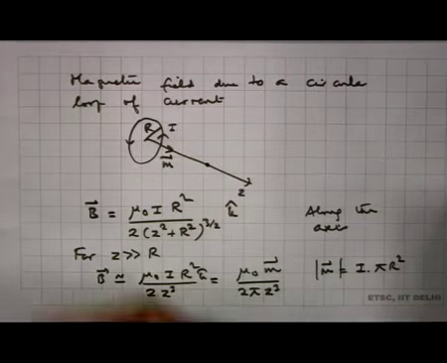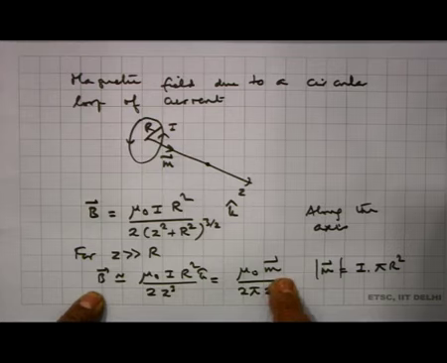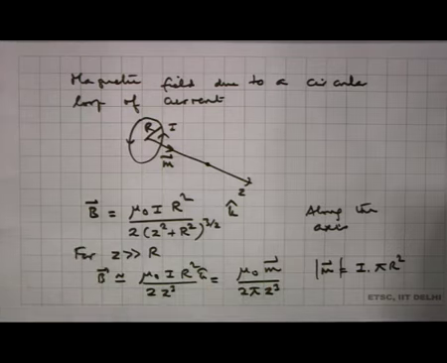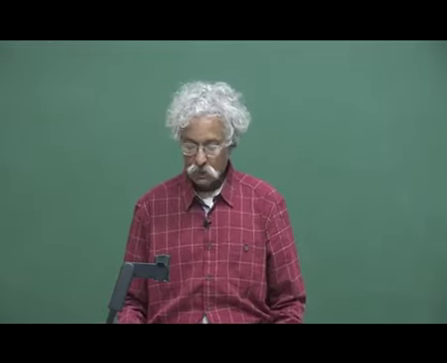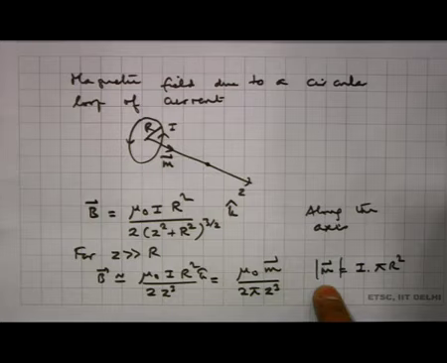The current is passing like this, so the dipole moment is oriented in this direction, and as you can see, along the axis the magnetic field is parallel to the dipole moment, and it decreases as 1 by distance cube from the center of the coil. Although I have derived this for a circular loop, this equation is valid in general for a planar loop with a magnetic dipole moment m, which is the current passing through the coil multiplied by the area of the coil, and the direction is obtained by the right-handed rule.